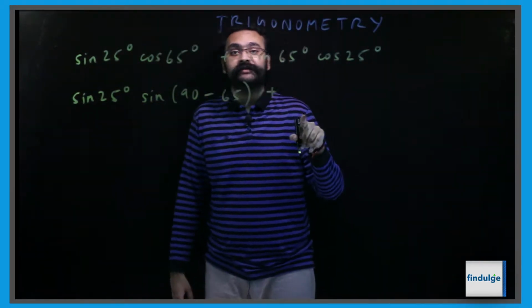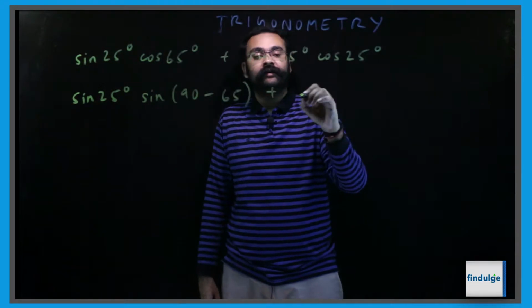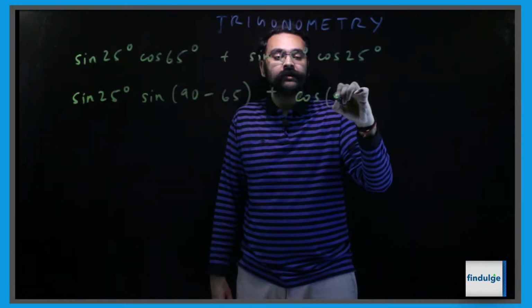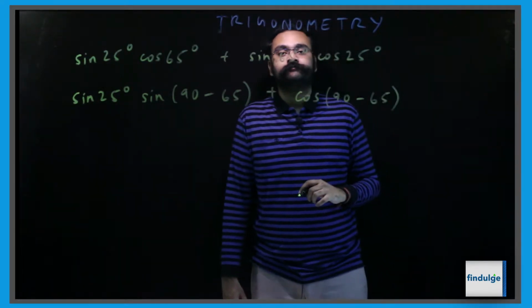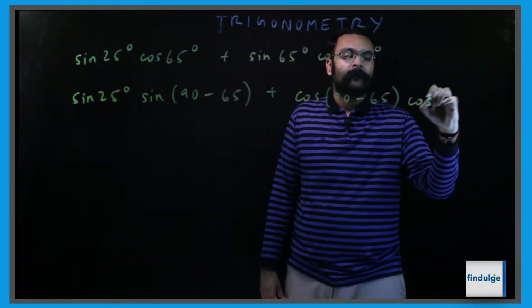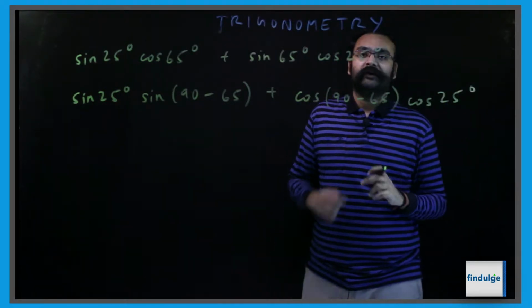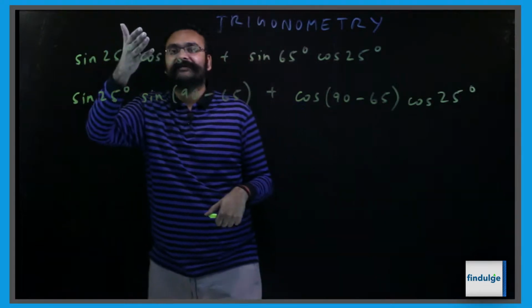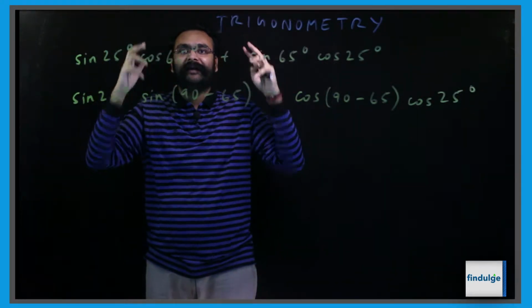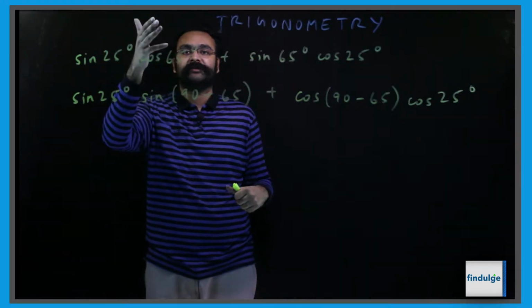I want to change 65. Sine theta is cos 90 minus theta, and of course I don't change 25. Now here we're not going to move back to cos 65, which was our identity, that sine 90 minus theta is cos theta.